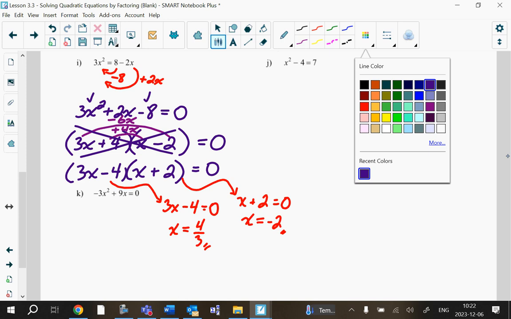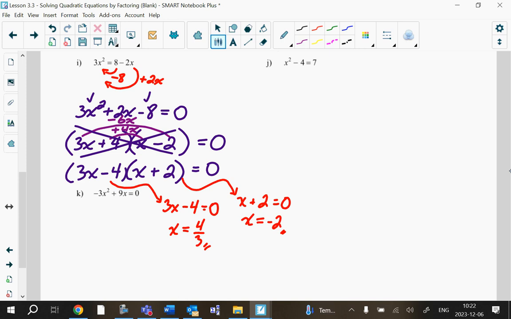So there's no x term. There's just x squared and numbers, which means get the x squared by itself, take the plus and minus square root. So make it x squared is equal to 11 by adding 4 to both sides. Take the positive and negative square root of 11 to find x.